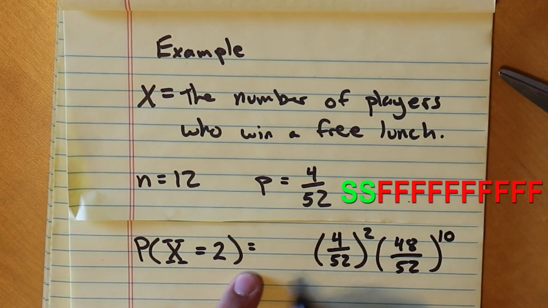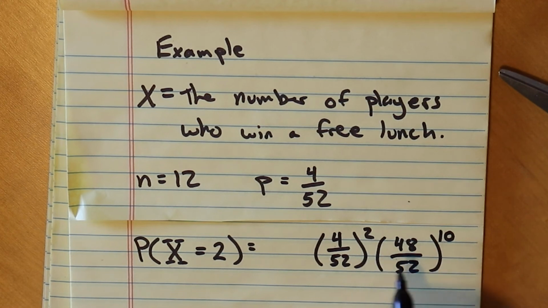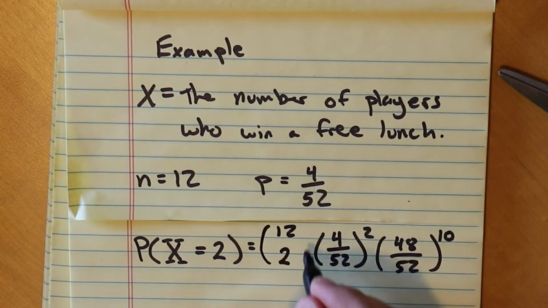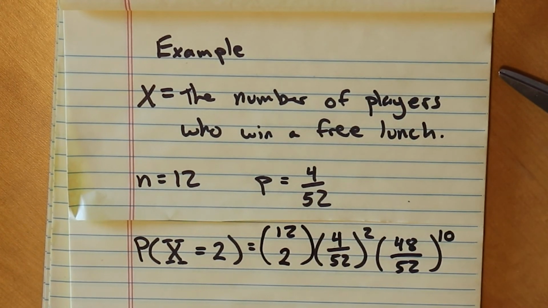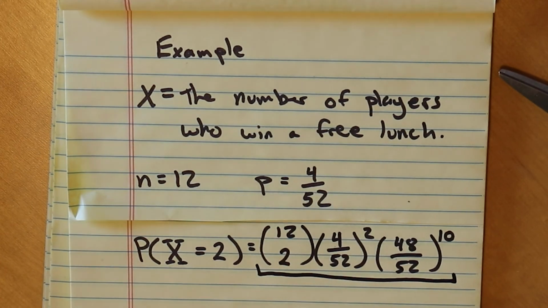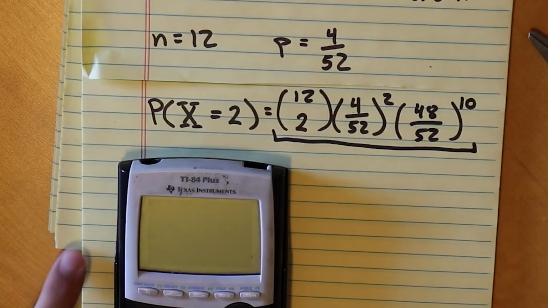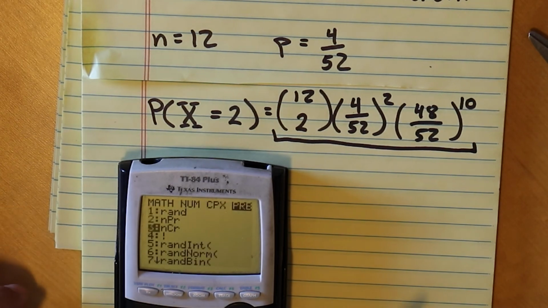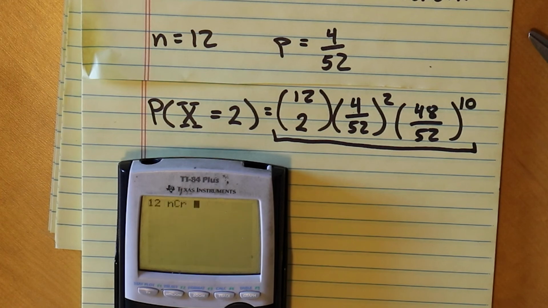So the number of ways that I could arrange 2 things out of 12. Remember, there's 12 people on the team. So how many ways could I arrange 2 successes out of a 12-person team? And so this is the notation you should be able to read. And when you type it into your calculator, I'm going to start with 12. I'll go over to math, go over to PRB, option 3, which is combinations, and then 2.